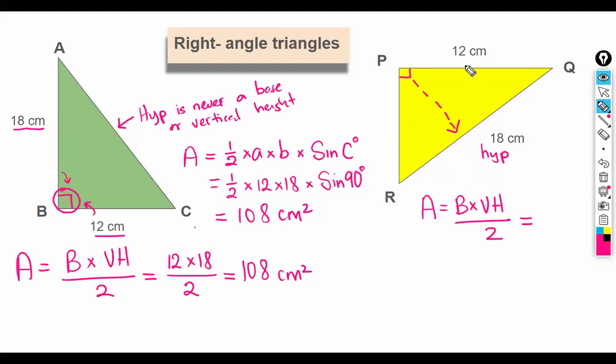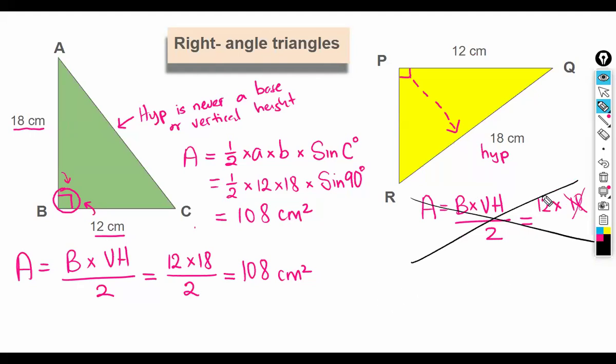So if let's say I call the 12 the base, I have no right to call the 18 the vertical height, the hypotenuse. If you dare disrespect the hypotenuse, the king hypotenuse, and call him a lowly base or a lowly vertical height, he will get angry and send you to the gallows. Okay? So we cannot use this formula. Well, not right now.